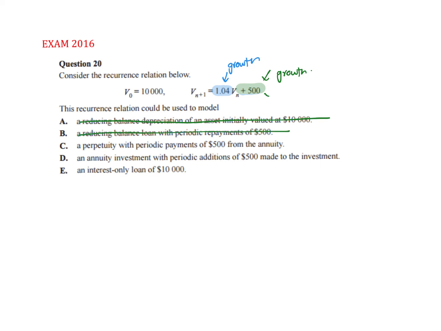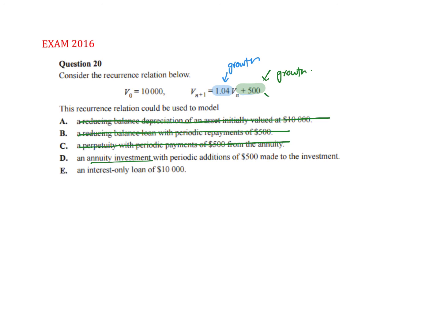We haven't learned about a perpetuity, but a perpetuity is when the growth and what you take away, the decay, are the same amount. So there definitely is no decay there. And an annuity, we're going to see these in a minute, is an investment, so that means you're gaining money. So you would see the growth.